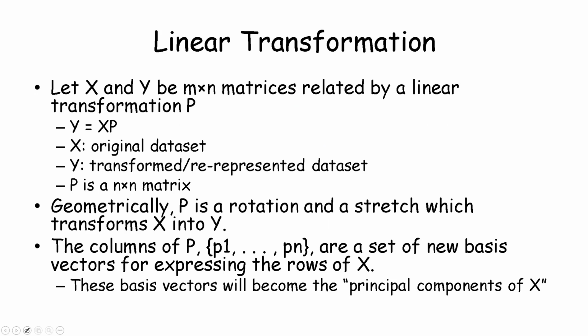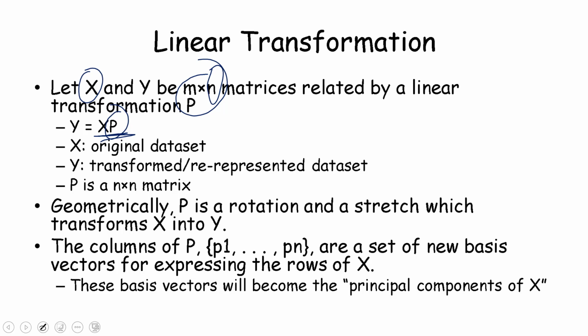What does it mean to linearly transform a data set represented here as a matrix X? Let's say X is an m by n matrix where m is the number of samples and n is the number of attributes. A linear transformation is essentially a matrix multiplication with a matrix P, where P is an n by n matrix.